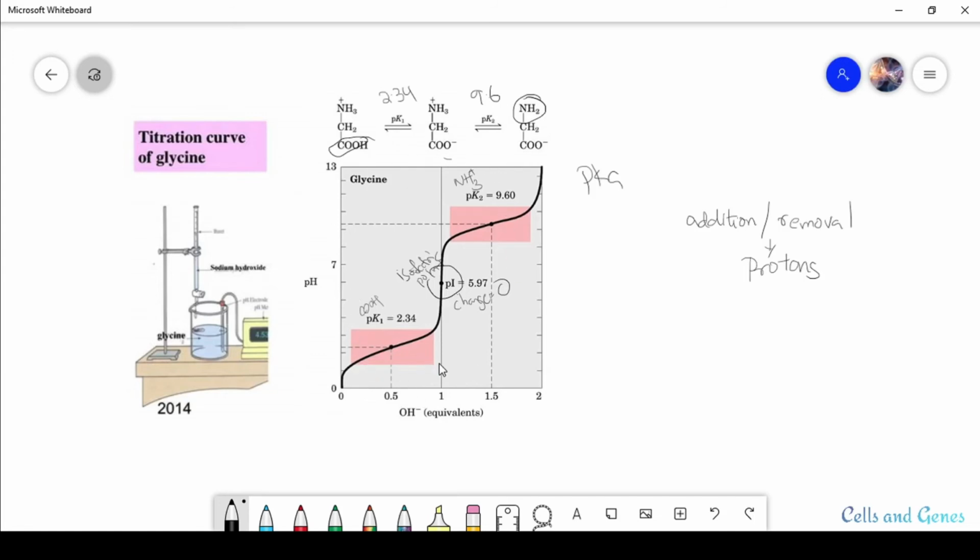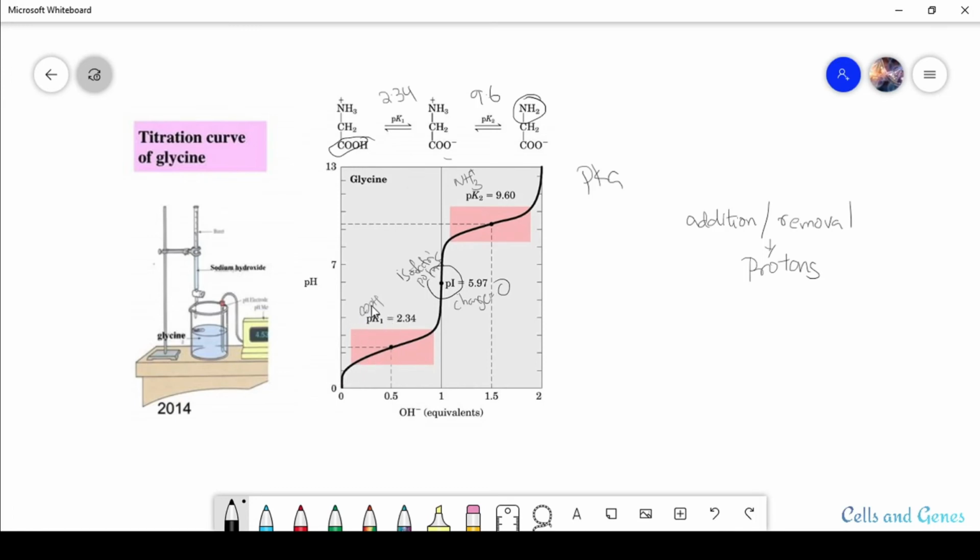Another piece of information provided by this titration curve of glycine is that it has two regions of buffering power, which are the flat portions of the curve.